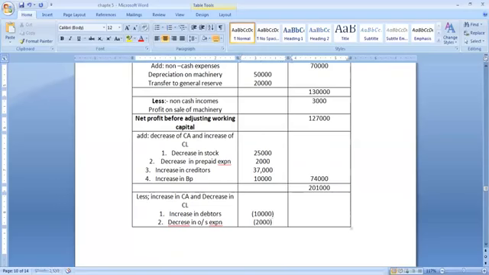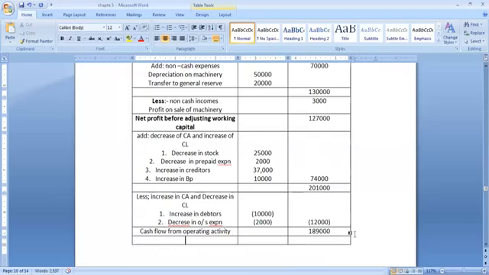Totally it will be 12,000, so reduce it. Out of 2,01,000 minus 12,000, 1,89,000 will be the cash flow from operating activity.